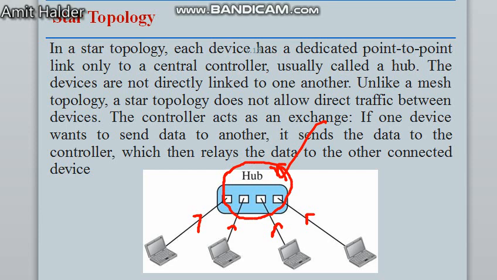central hub. What does the central hub do? If a request comes from computer number 1 to communicate with computer number 3, it sends a request.